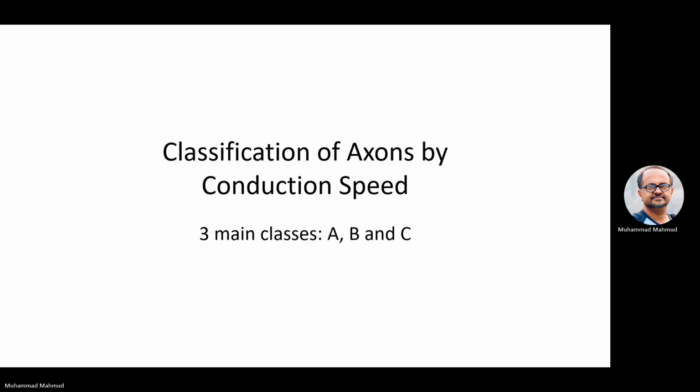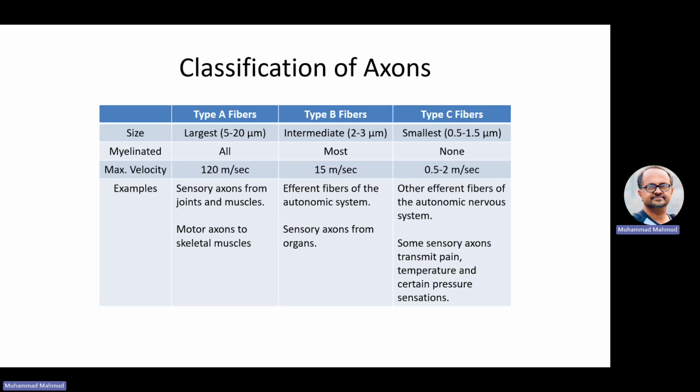There are three main classes of axons according to conduction speed: A, B, and C. Three types of fibers. Type A axon fiber is the largest one, type B is intermediate, and type C is the smallest. The larger fibers are myelinated, type B mostly, but type C none.